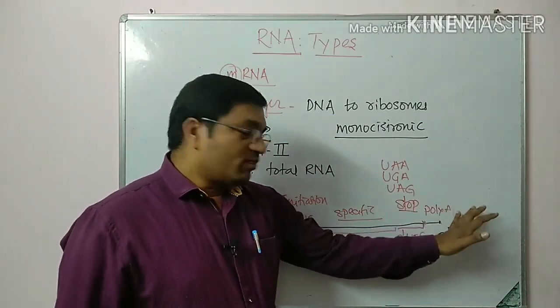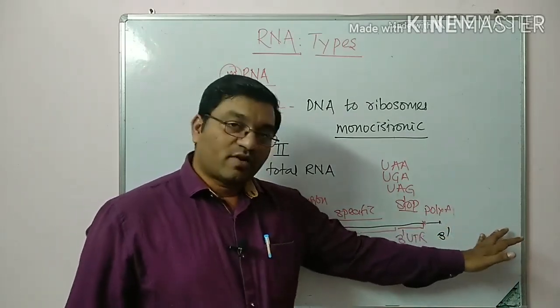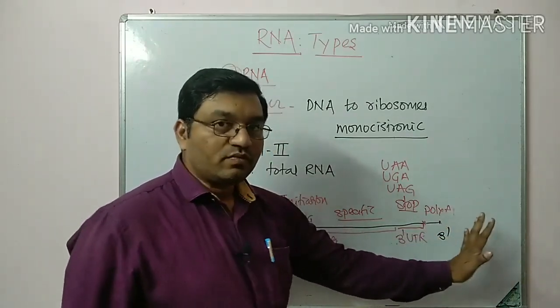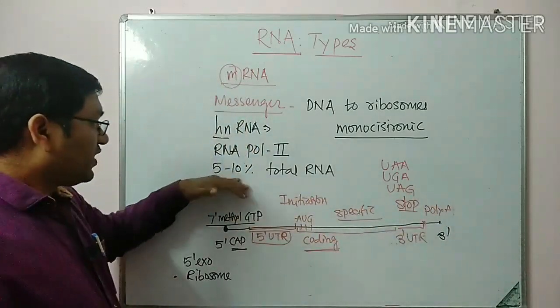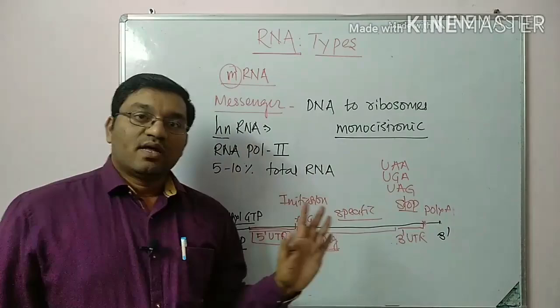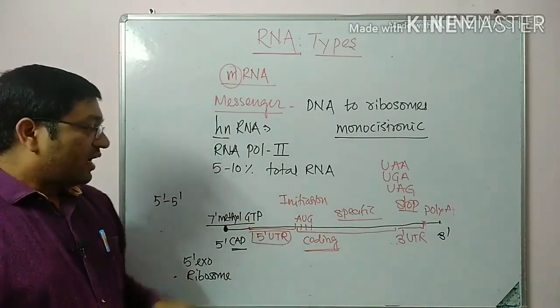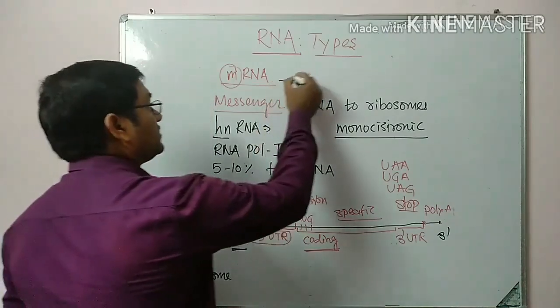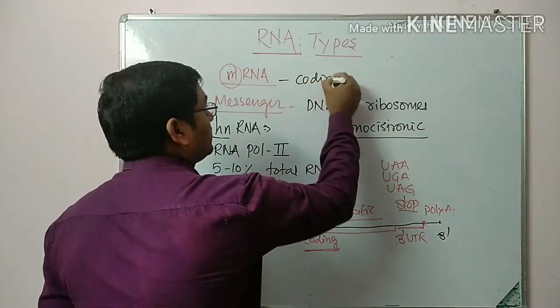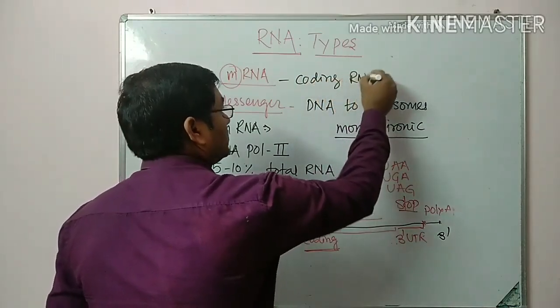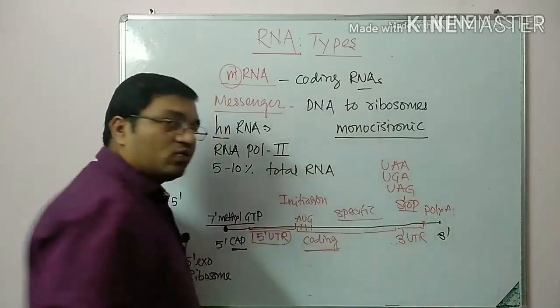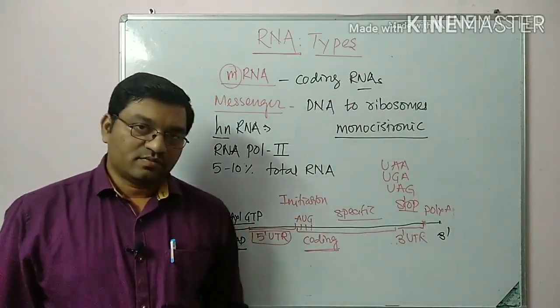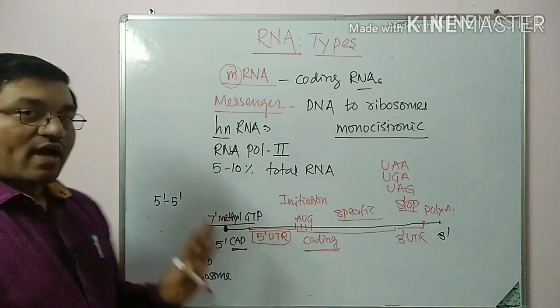This poly A tail prevents the attack by 3' exonuclease. It constitutes about 5 to 10% of total RNA. This mRNA is also known as coding RNA. All other RNAs are known as non-coding RNAs. This is all about mRNA.